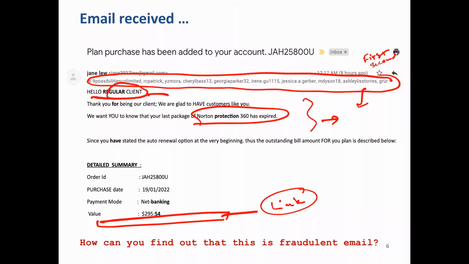They will say, hello, Mr. Whatever, the customer's name. And they cannot send a common bill to all the people, right? It's again fraudulent. Despite that, they might have collected at least a few thousand dollars.